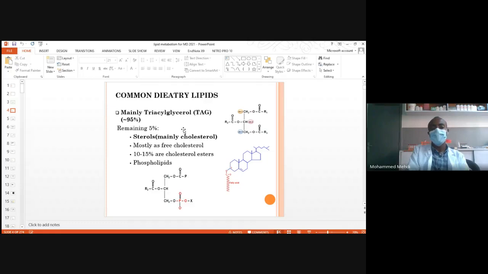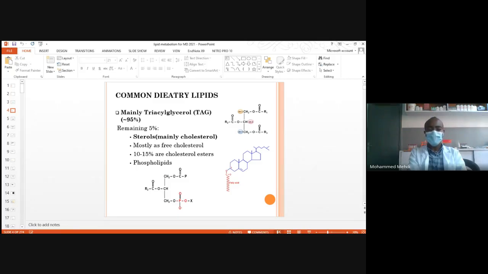Now let us start the digestion of dietary lipid in the mouth. First, let us see the main lipid items found in our food. There are 3 major lipid items in our food. The first, the major one, is triacylglycerol, TAG. It is found in dominant form, about 95% of lipid.